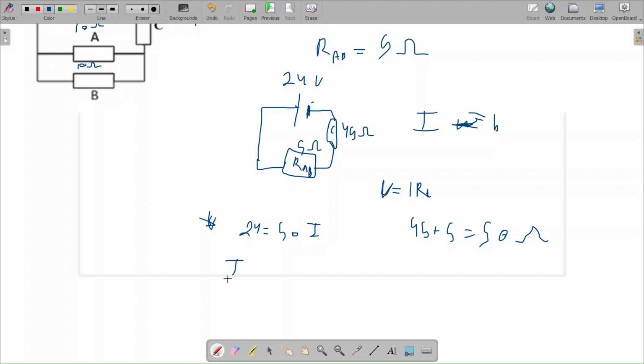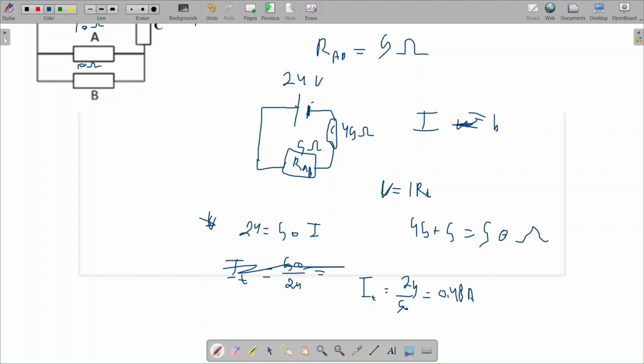So I is going to be equal to, this is the total resistance, 24 over 50. What am I doing? IT is equal to 24 over 50, which is going to be 0.48 amperes.